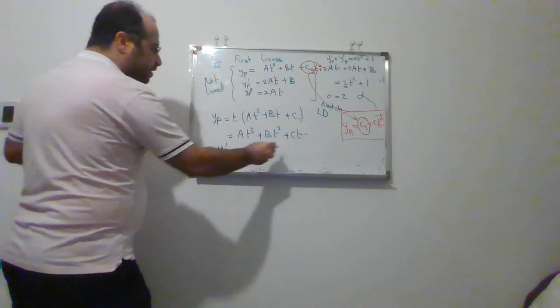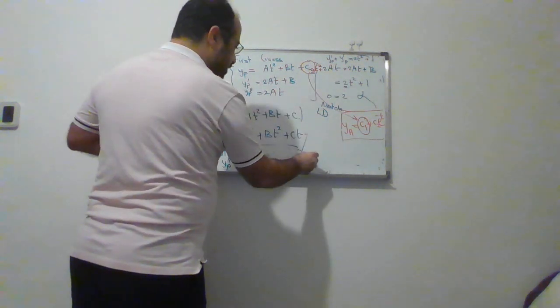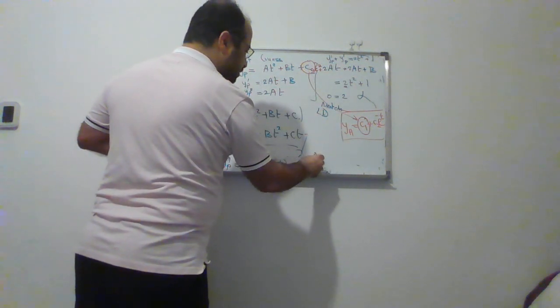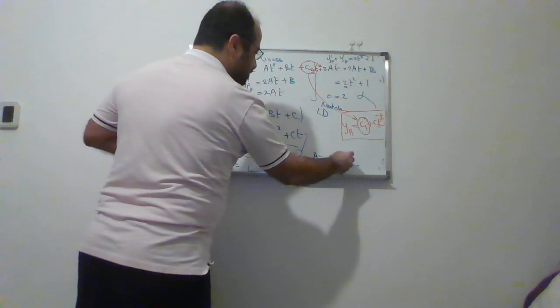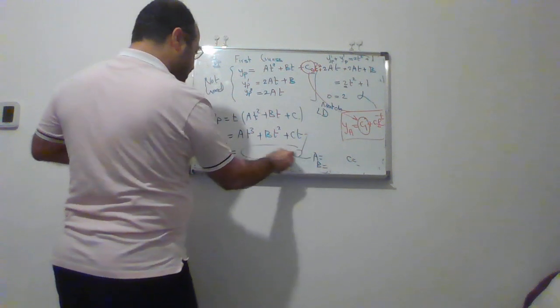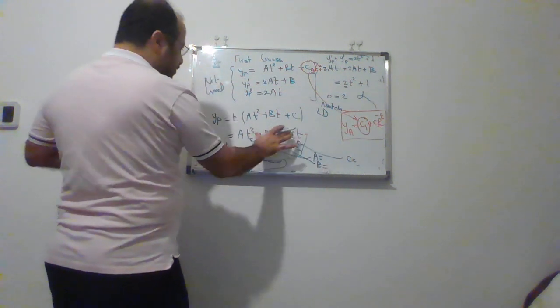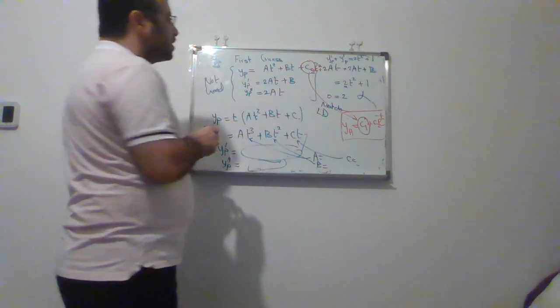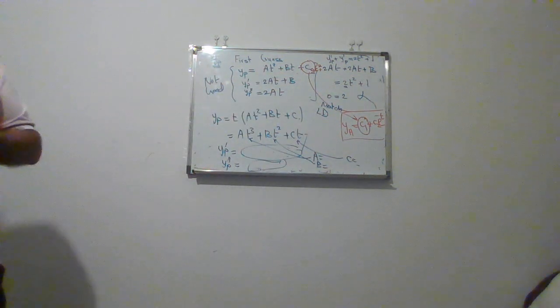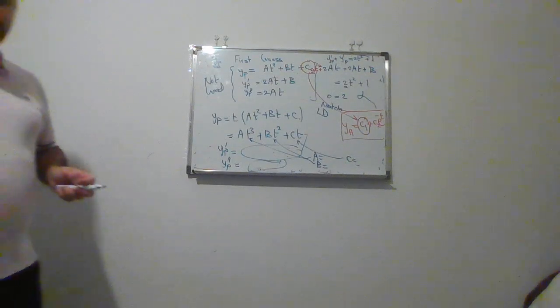Then you plug these into the equation and get your A, B and C. When you get them, you put them here, and then you have y particular and y homogeneous, and you get the solution for this non-homogeneous differential equation.